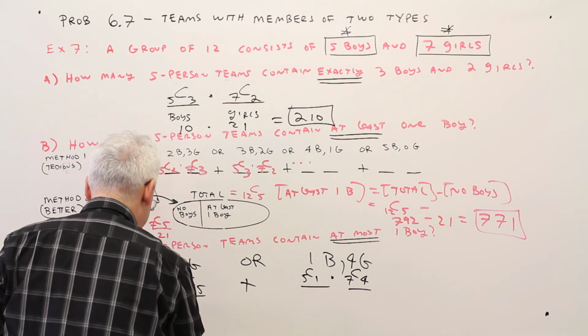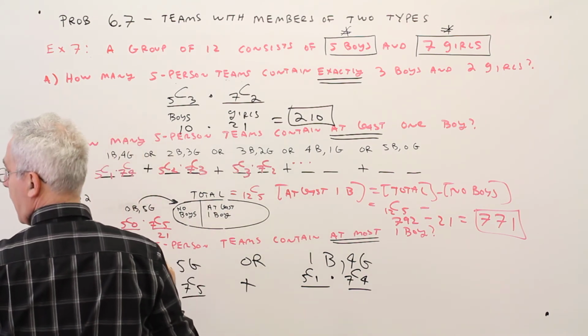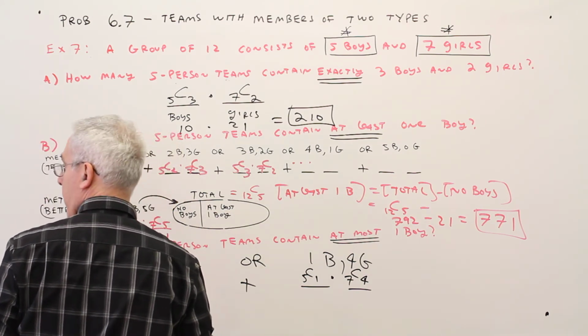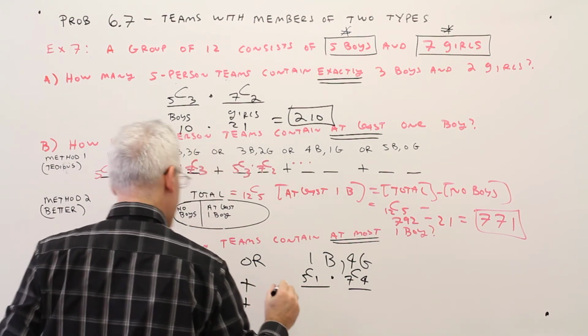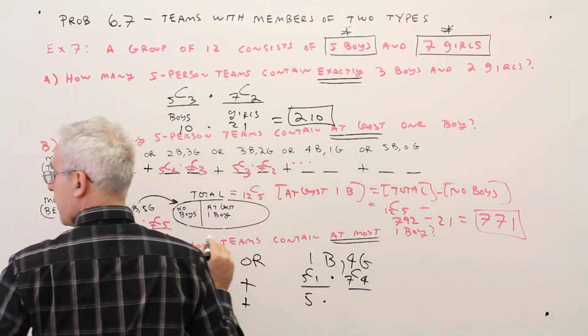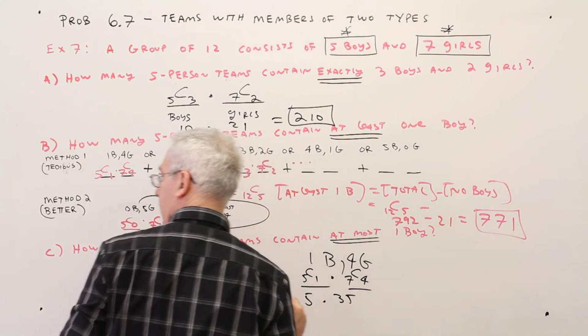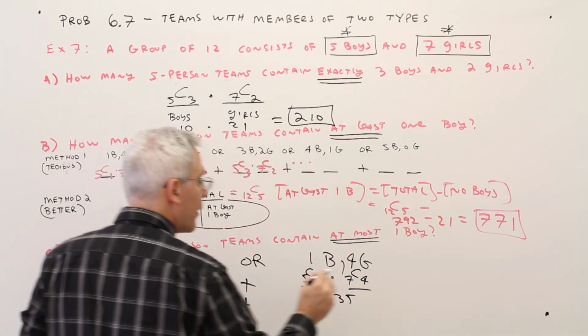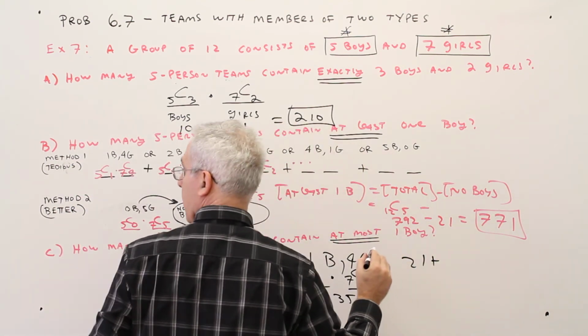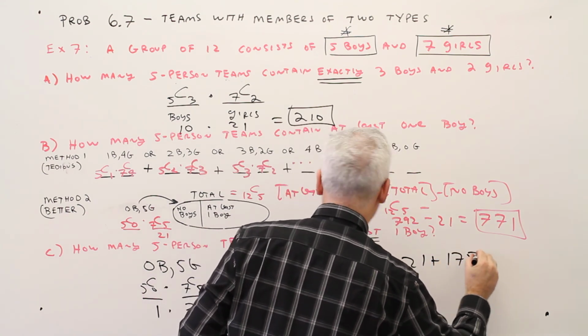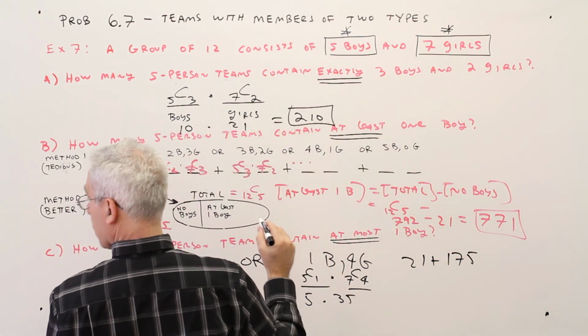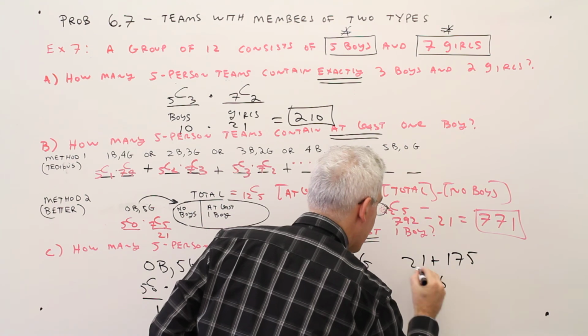And if you do the math, this is 1 times 21 plus, obviously that's 5 times 35. So it ends up being 21 plus 175, and we get a grand total of 196.